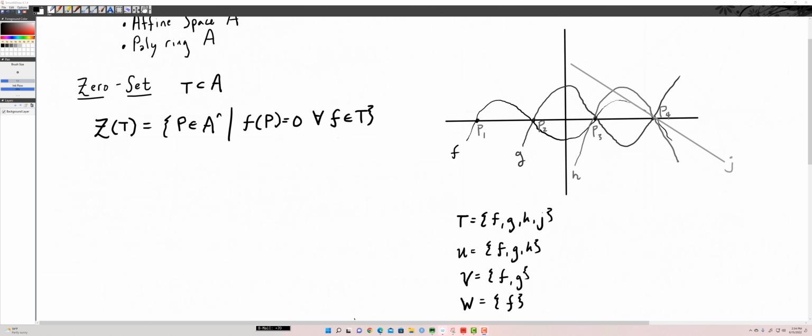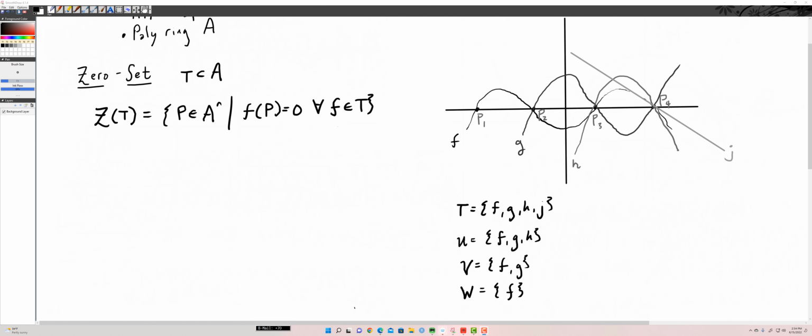Now I've drawn pretty crappily this graph of several functions, f, g, h, and j, and I'm pretending for a moment that those are the only functions in my ring. And these hit zeros at P1, P2, P3, and P4, and I'm pretending for a moment that those are the only zeros in my affine space. Of course, these are completely stupid assumptions, but it's easier to work with smaller sets to understand what's going on.